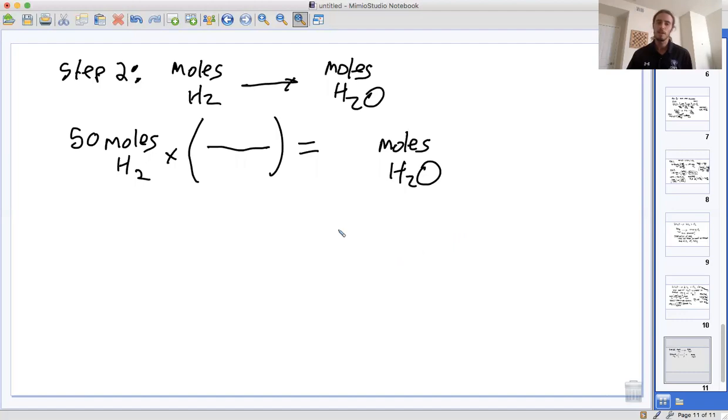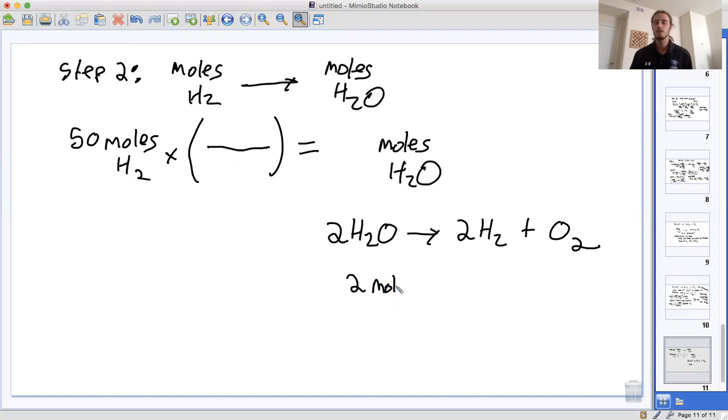Okay, so if I look at my balanced chemical equation, I know that 2 moles of water produces 2 moles of H2, right? So they're equivalent amounts. 2 moles of water makes 2 moles of H2.